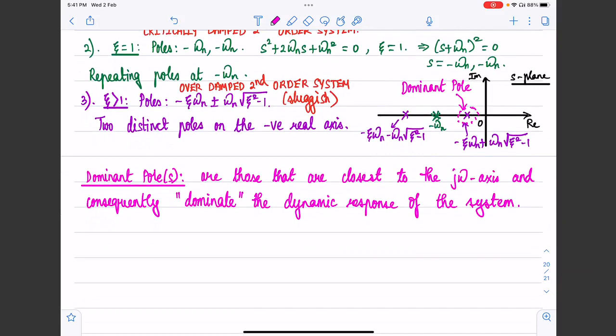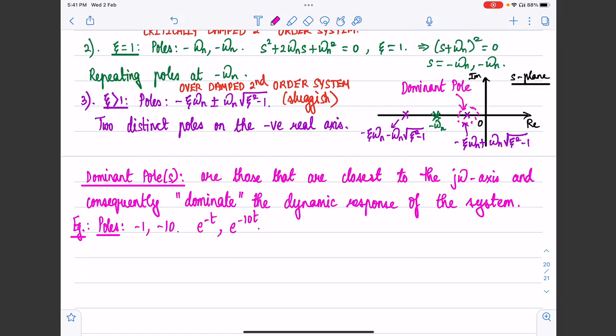So what do I mean by that? Let's consider an example. Let's say there are two poles, one at minus 1 and one at minus 10. By now we know that when we consider the responses, we get exponential terms where the exponents are the poles.